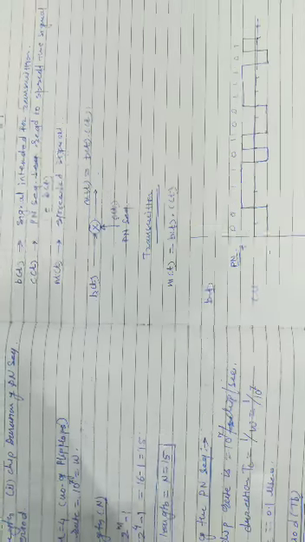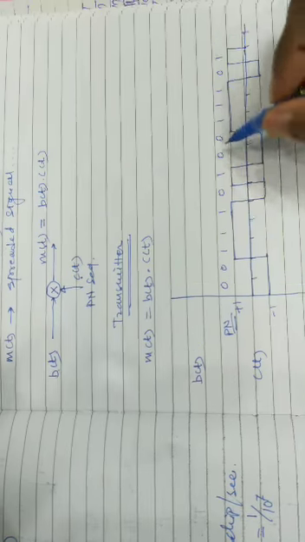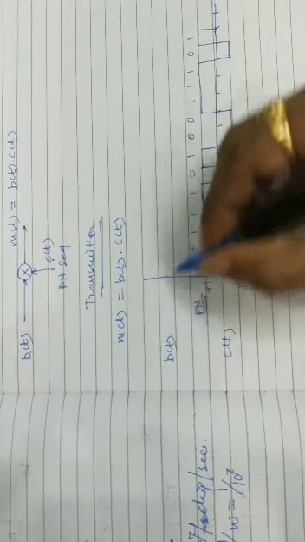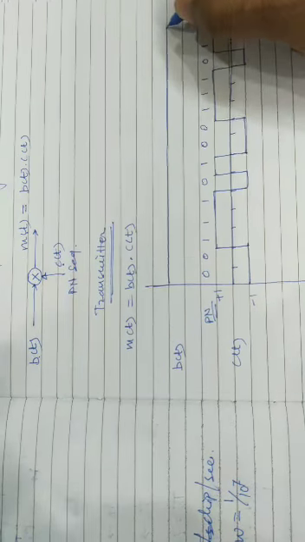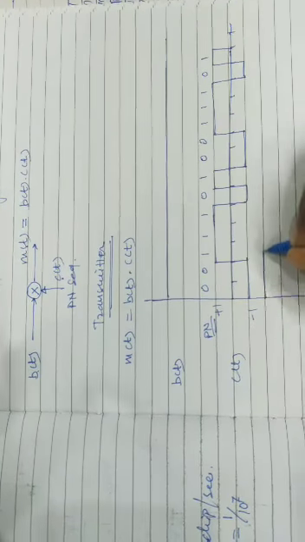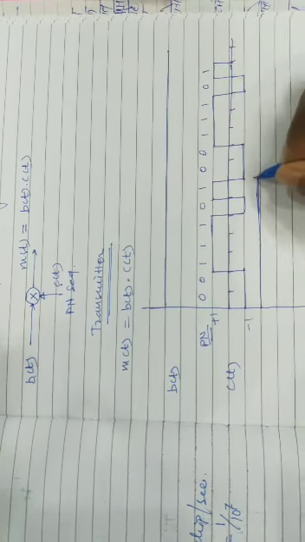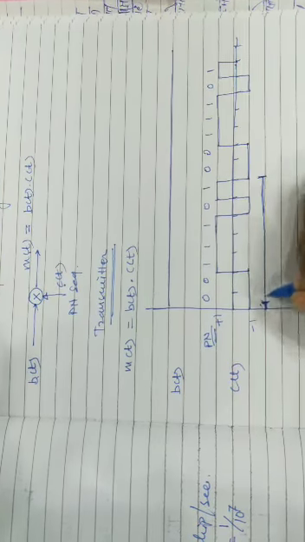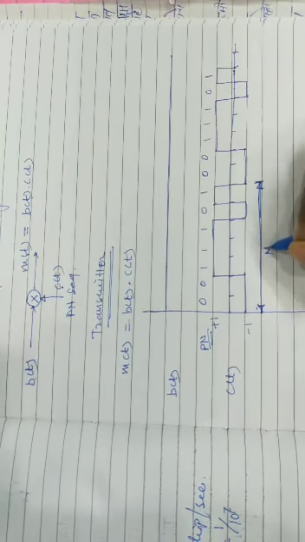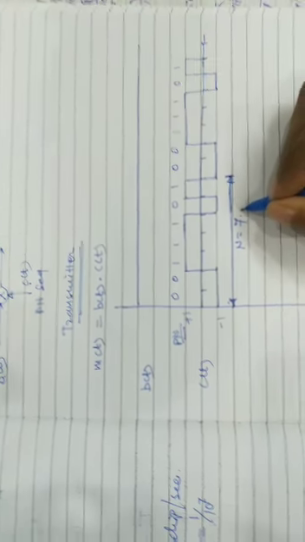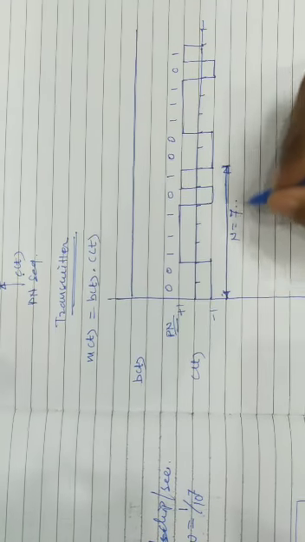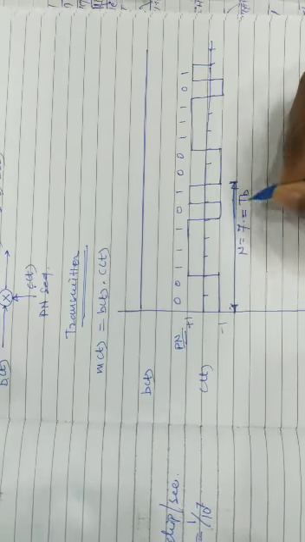Here the sequence starts over here. Now if we draw B of t, this is the PN sequence length, that is N is equal to 7. This is equal to Tb, that is the bit period. This is also equal to the bit period.